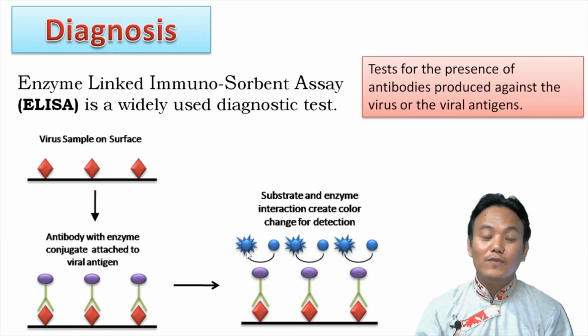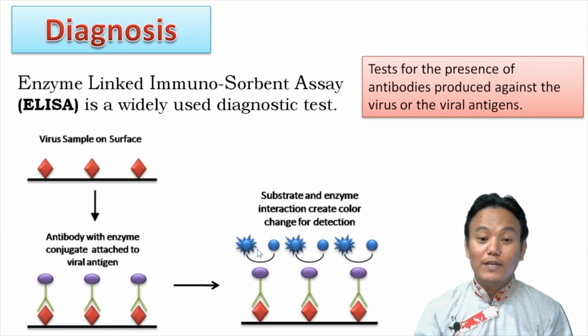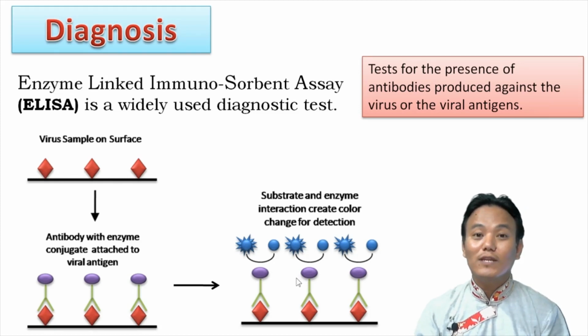Later, when we introduce a substrate, the enzyme which is linked to the antibody reacts with that substrate and creates a color change. If the color change is observed, we can say that the person's blood contains the virus. If the virus is not there, there is nowhere for the antibody to bind to the surface, and there will be no color reaction later on.